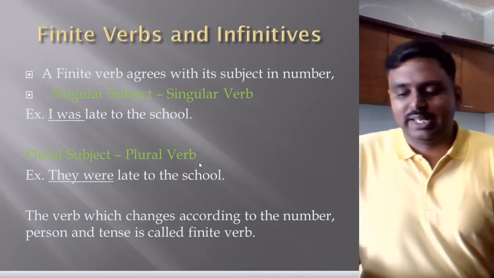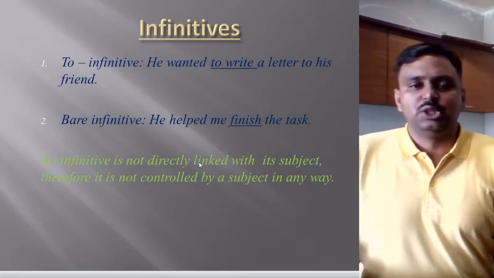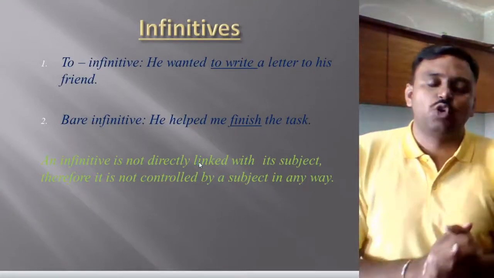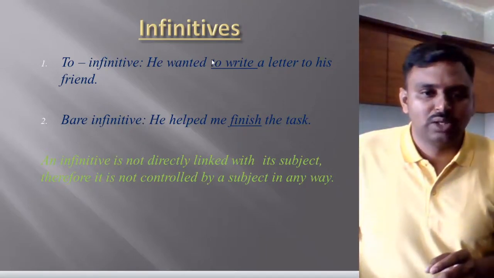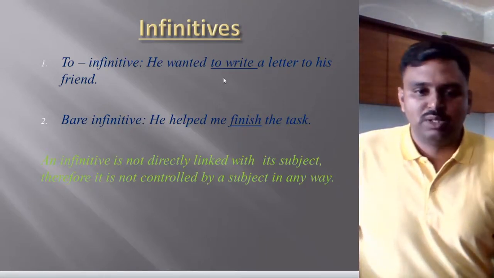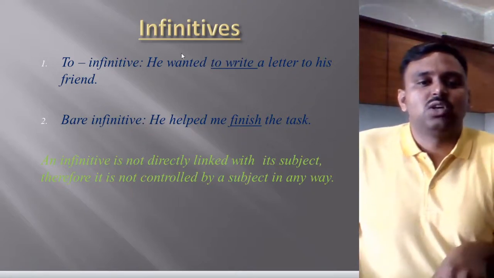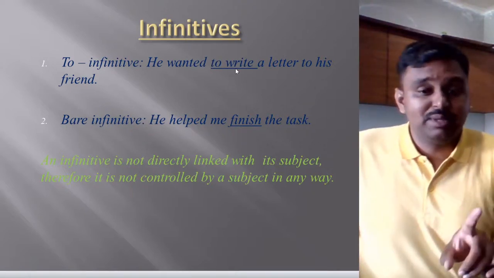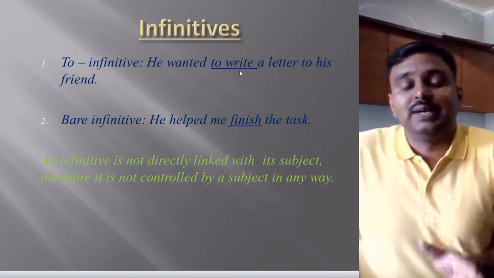Now let's go to the next point, infinitives. You have heard this many times; it's a common rule actually. When you find a verb with to plus V1 form, it is called an infinitive. But remember that this verb never changes.